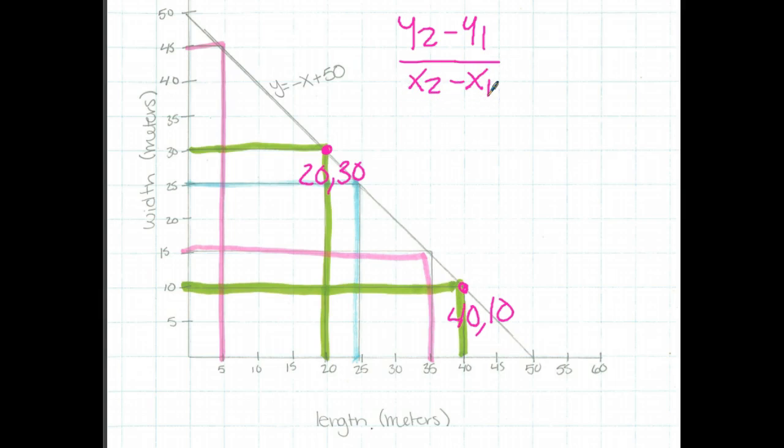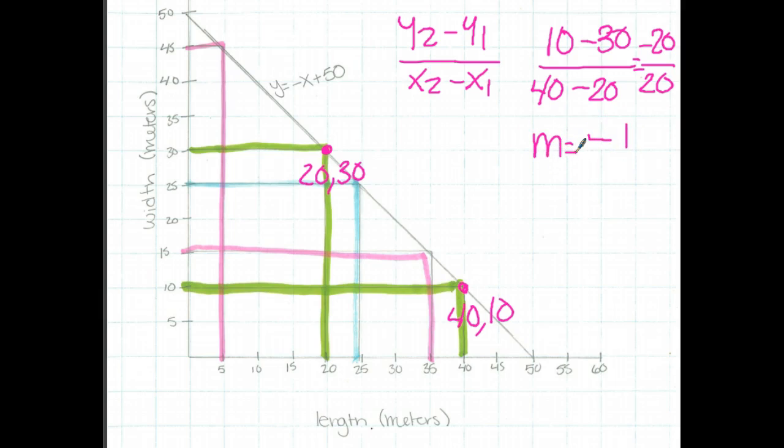My y2 is 10 minus my y1, which is 30, all over x2, which is 40, minus x1, which is 20. When I subtract, I get negative 20 on top and 20 on the bottom. You can reduce this to negative 1. So your slope is negative 1.